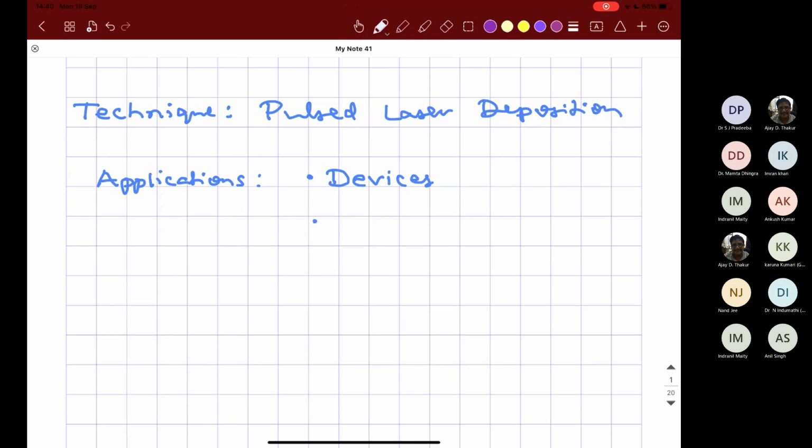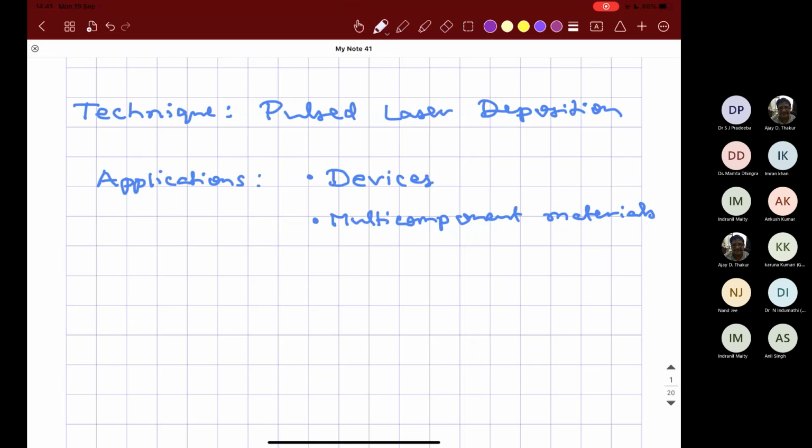The other application, from a material science perspective, is if we have multi-component materials. These multi-component materials are best made using pulsed laser deposition.